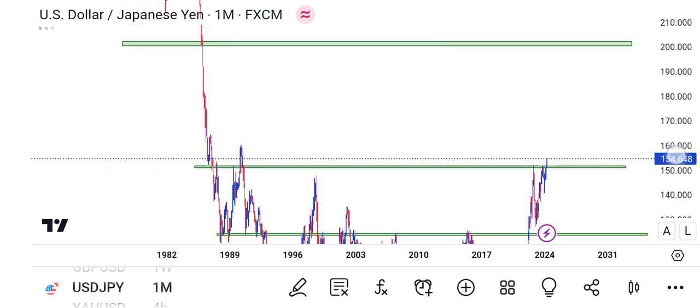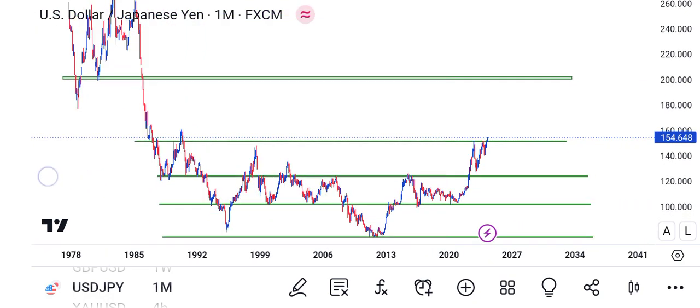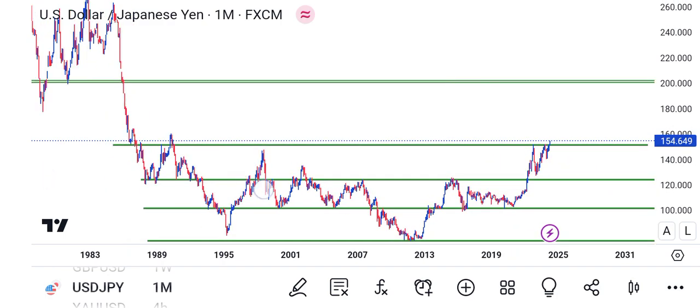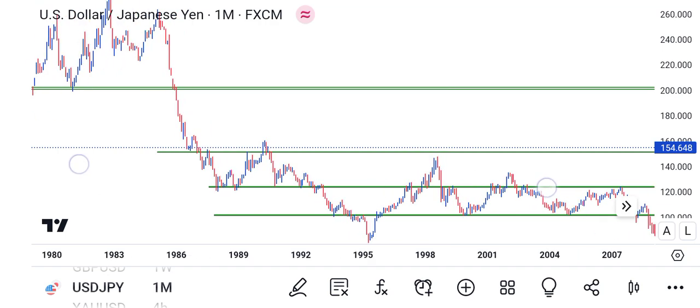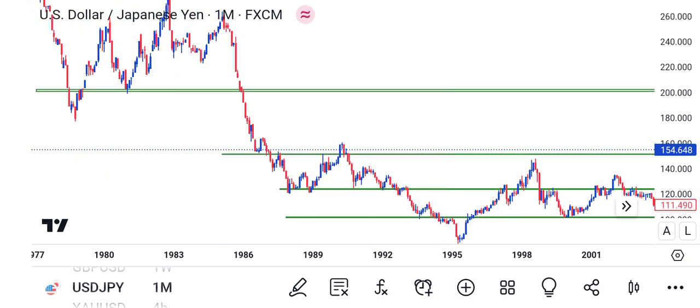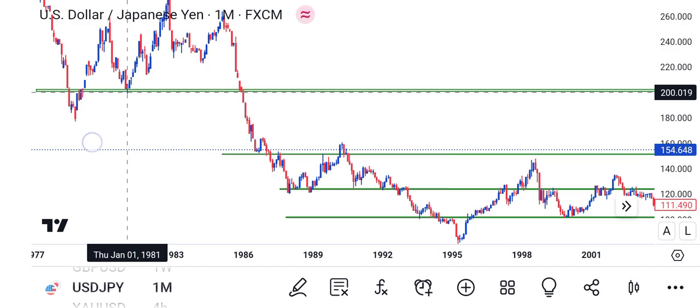Okay. So our next level target would be 200, because that's a major zone, because price got there in 1980, we respected it in 1981, so that's a major zone.